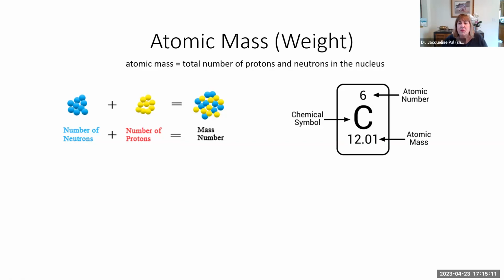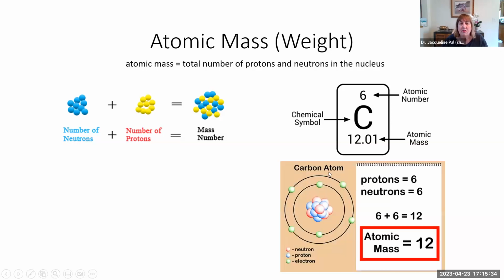You can see that the atomic mass isn't exactly 12. That's because there are some electrons in there that have a little bit of weight. So there are other subatomic particles that add to the weight, but we are just going to stick with numbers that are before the decimal point. We don't care about what's going on after the decimal point.